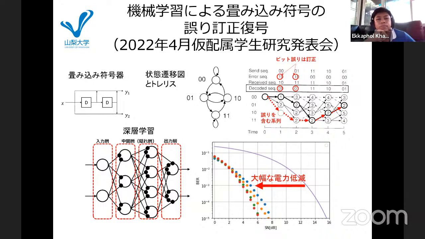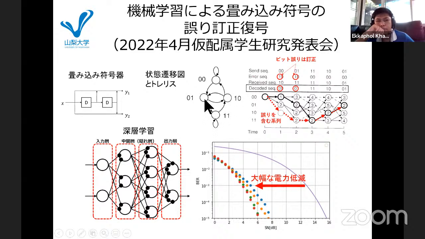Let's start from 00, and the next input X is also 0. Then this encoder state moves from 00 to 00, following this arrow. But in the case of 00 and X equal 1, then it moves to 01. And from 01, the encoder state moves to 11 or 10.